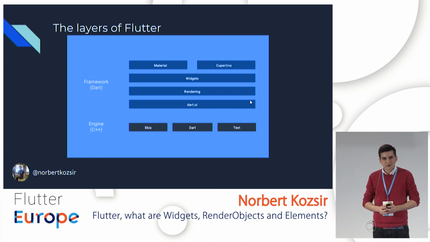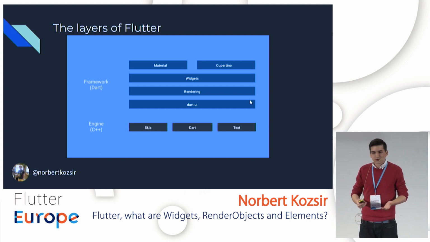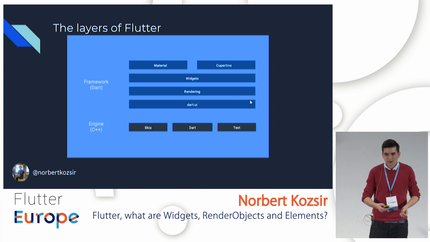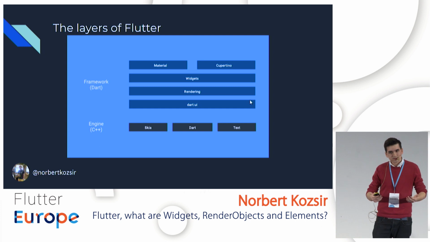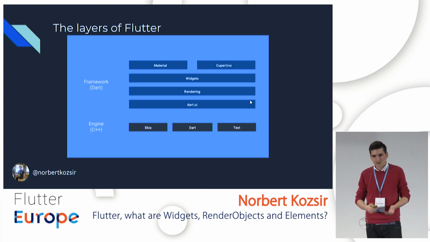Next up, we have the first layer, which is actually implemented in Dart. So it is accessible in Flutter, that is Dart UI. Dart UI is like a thin wrapper around the engine. It exposes the things the engine can do to Flutter. So you have picture recorders there, you have a canvas where you can draw a line. All these things later get sent to the GPU and it does its thing.